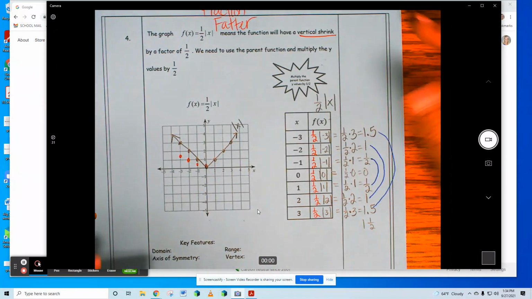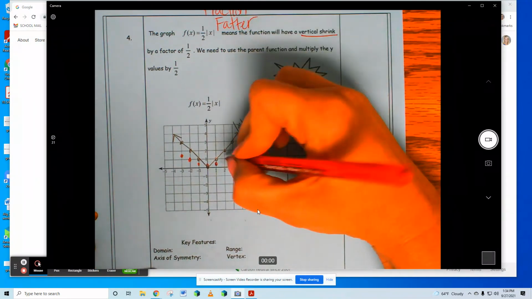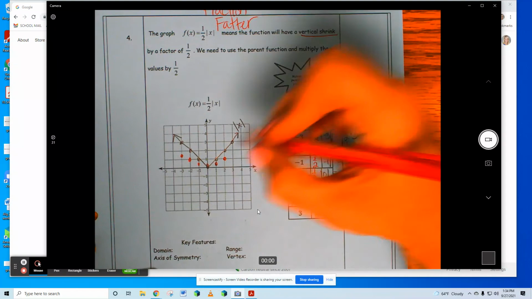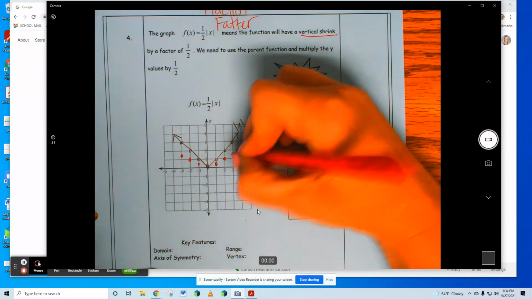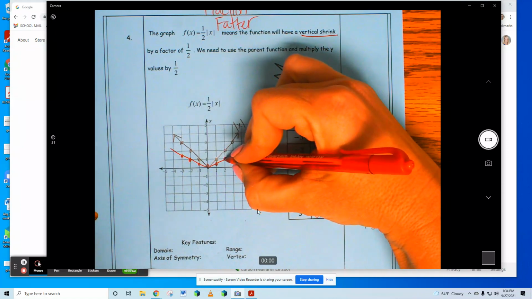Over 1, up another 1/2. Over 2, up 1. Over 3, up 1.5. Okay.